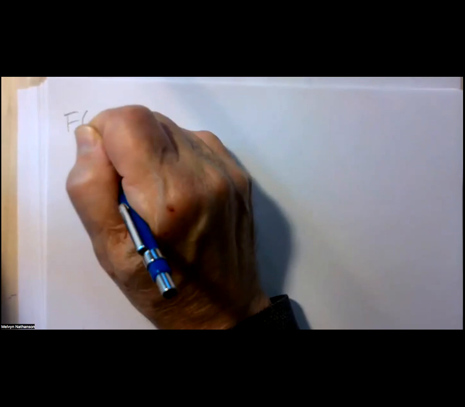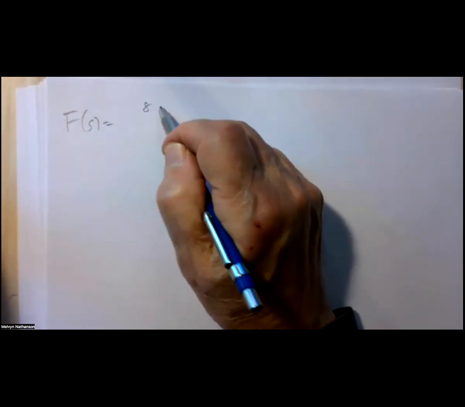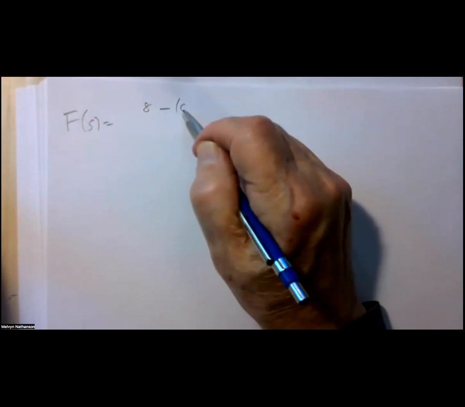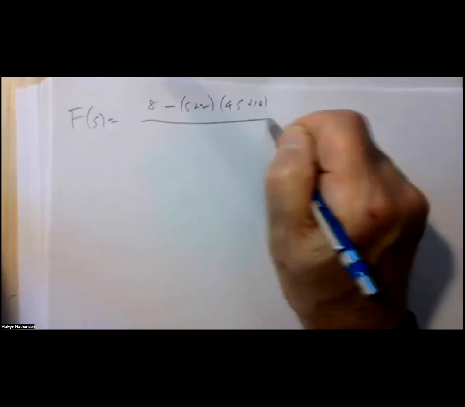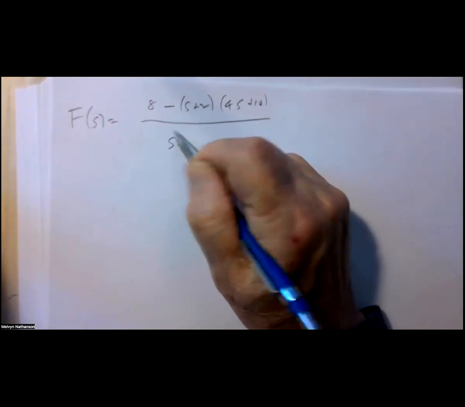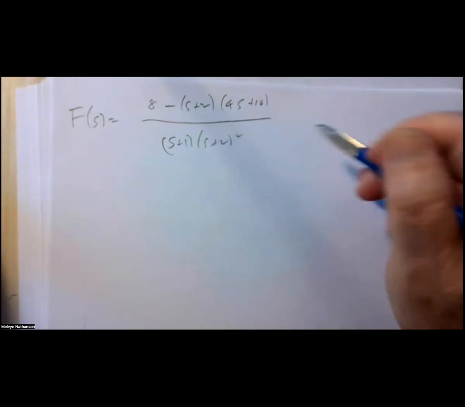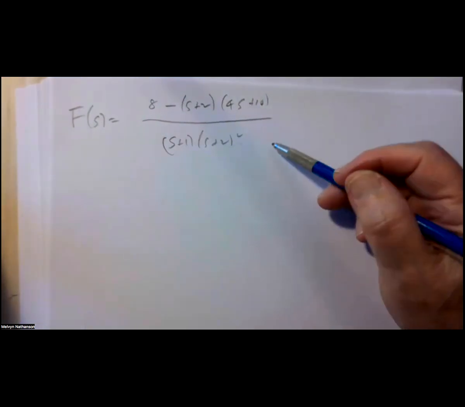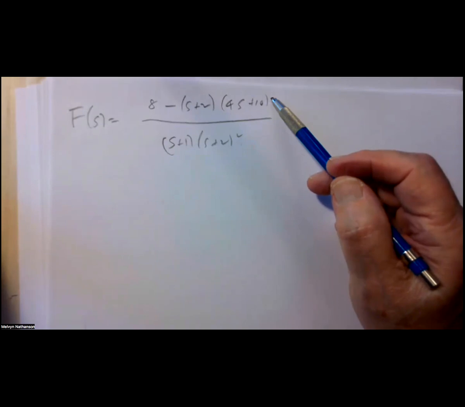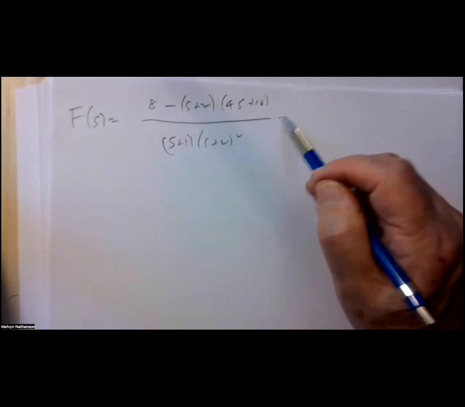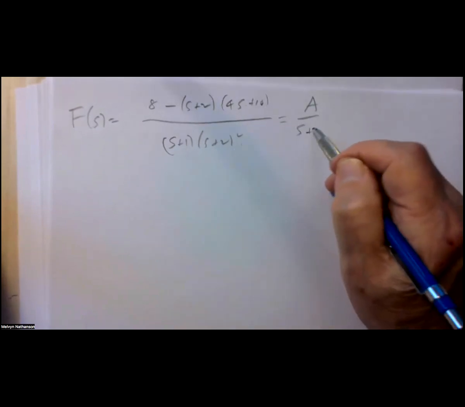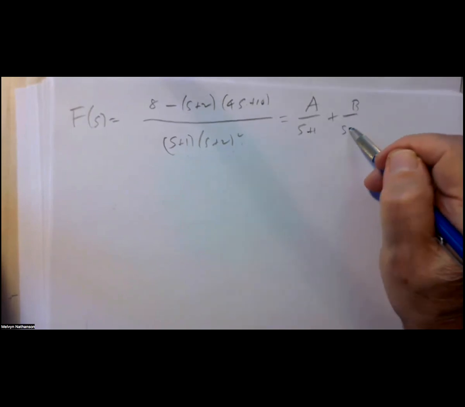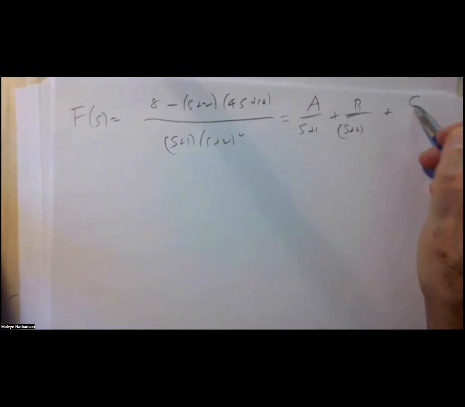So, for example, suppose the function F(s) happens to be of this form, (8 - (s+2)(4s + 10)) over (s+1)(s+2)². So we have a repeated factor here. This numerator is a polynomial of degree 2, the denominator has degree 3. So we can write this as a sum of 3 partial fractions, A over s + 1 plus B over s + 2 plus C over (s + 2)².